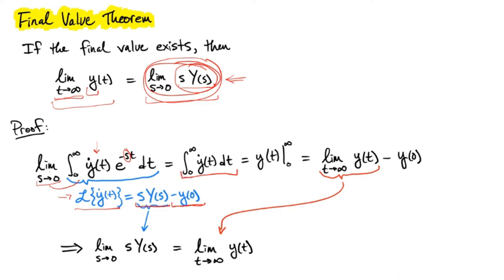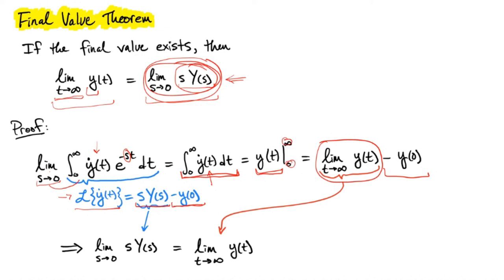So now this is just an integral in time, and we know that the integral of a derivative is simply the value of that function evaluated at its limits, so we get this quantity. And so we can rewrite this as y of t as the limit of t goes to infinity, that's the upper limit here. And then the last part, we subtract off y of 0, and that's this second endpoint.